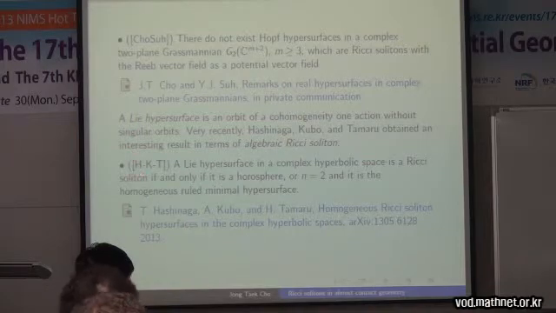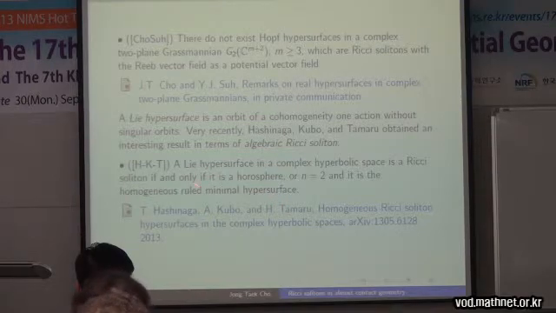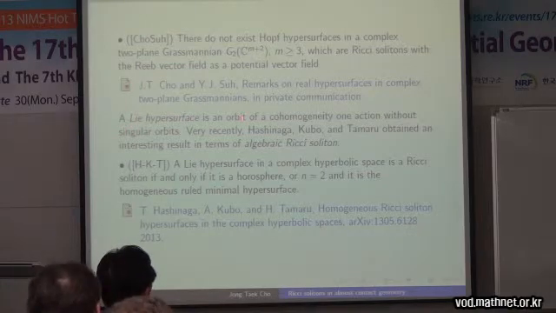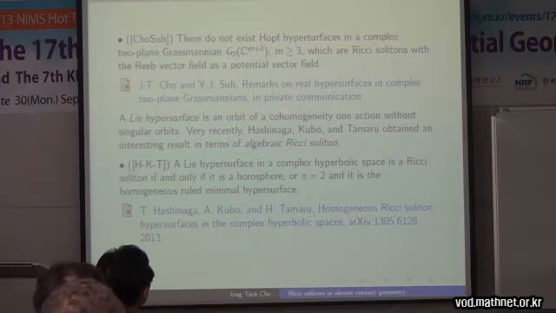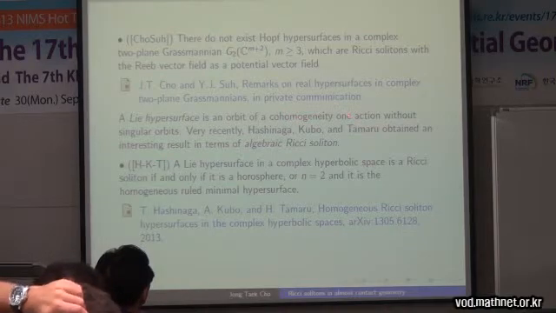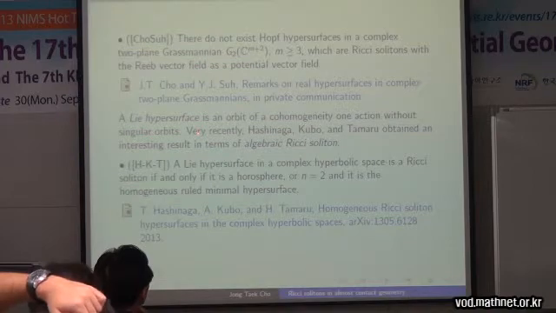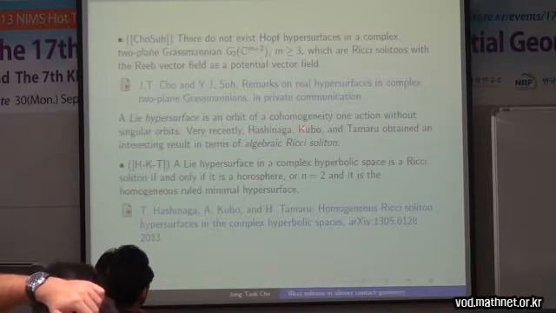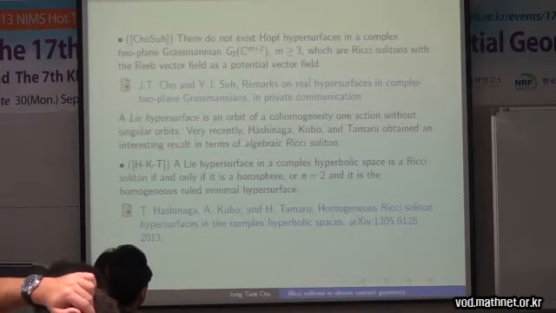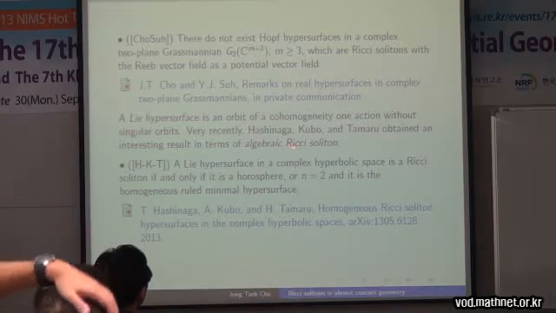Finally, this morning's talk, Hashinaga and Tamaru, here is another of their results. A Lie hypersurface is an orbit of a cohomogeneity one action without singular orbits. Very recently, Hashinaga, Kubo, and Tamaru obtained an interesting result in terms of algebraic Ricci solitons.